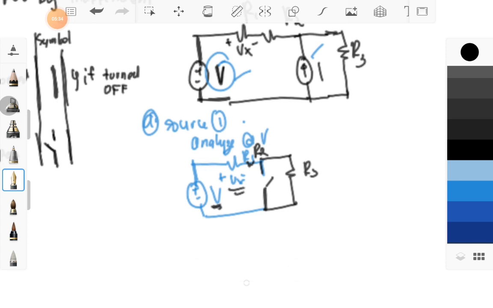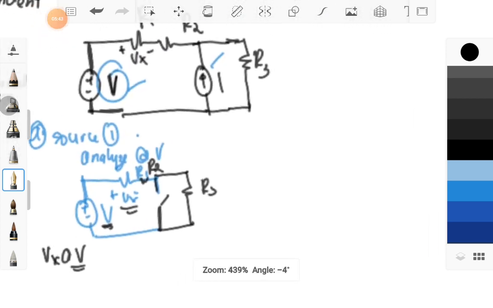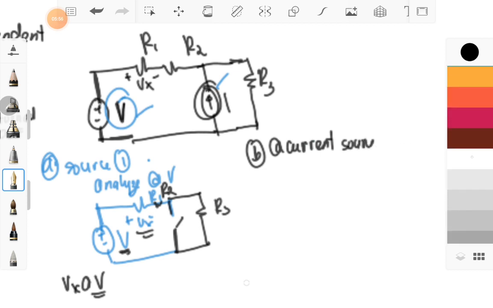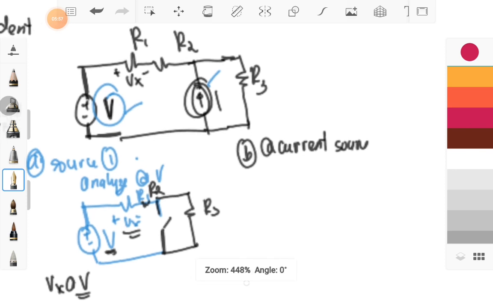Okay, and then so pag may Vx ka na at V, Vx at V, okay, and then meron kang analysis B, is that we will analyze it at current source. Pag in-analyze natin yan at current source, so ang gagawin natin is that, magiging shorted naman to, i-short natin to.